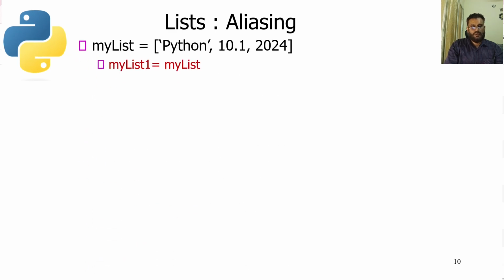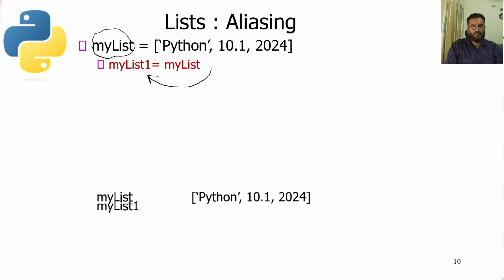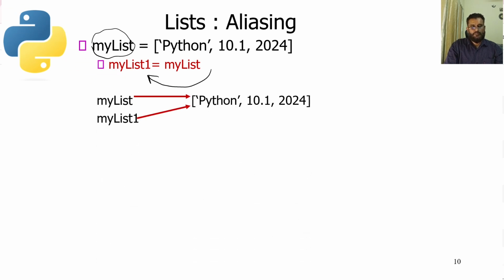A useful operation in the case of lists is aliasing. What do we mean by aliasing? For example, I have a variable of type list, which is called my list, and I assign it to another variable. In this case, these 2 variables will be referencing the same object, which was the list created earlier, with the elements Python, 10.1 and 2024 in it.